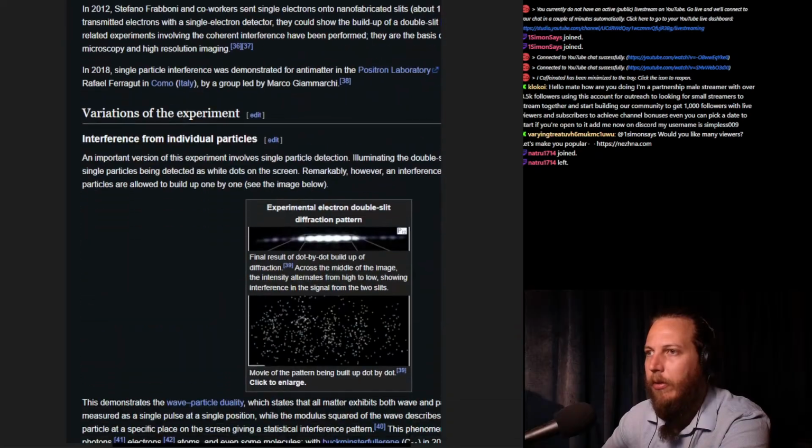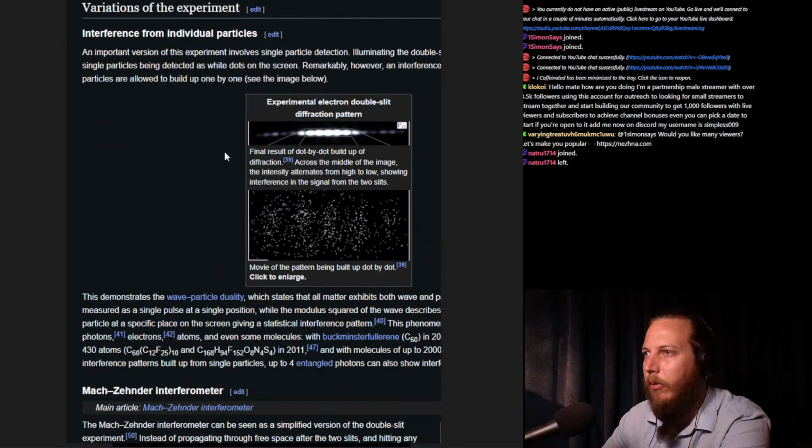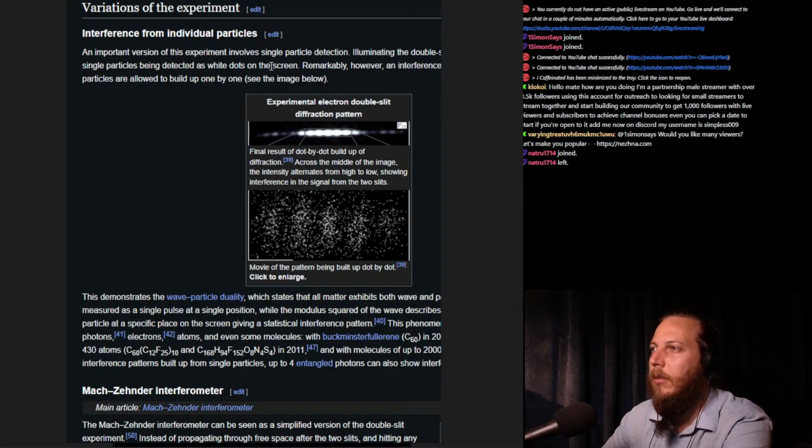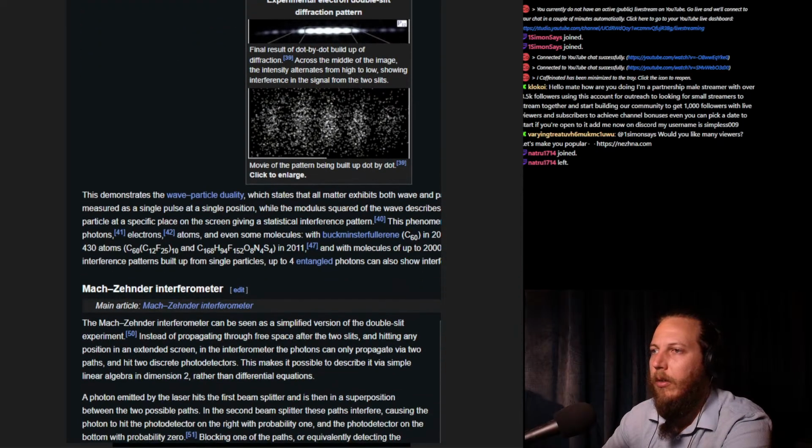Now, is it gonna have variations of the experiment, final result? Ooh, this is interesting. Single particle detection.